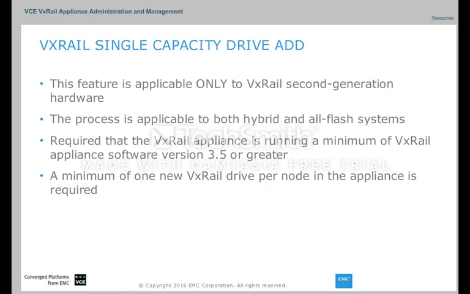The drives need to be installed, must have been supplied by EMC, and must not have been previously used in any system. If the drive has any signature or file system previously configured, then the drive add procedure will fail to complete.